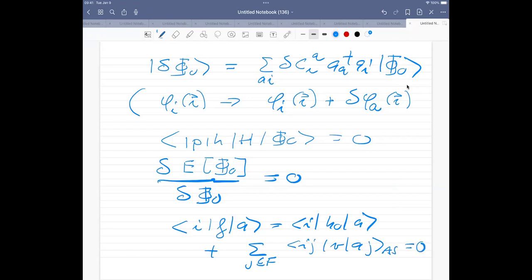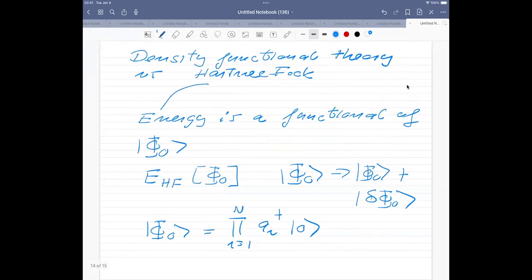And that gave us a practical recipe where we defined a single particle Hamiltonian, which is given by this operator F. And we simply call that the Hartree-Fock operator. Now, what we have done in Hartree-Fock theory is that we started with a given Slater determinant, which we assume is a good representation of the ground state. And then we varied the single particle wave function.